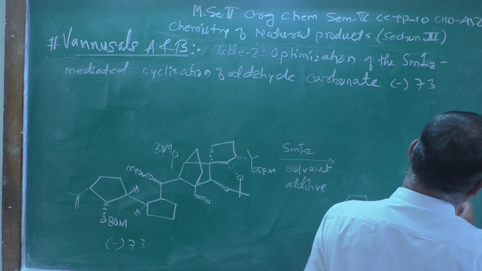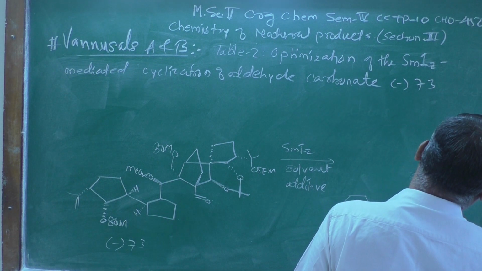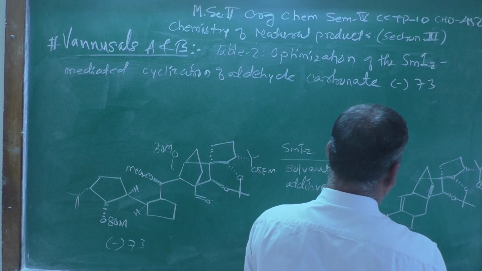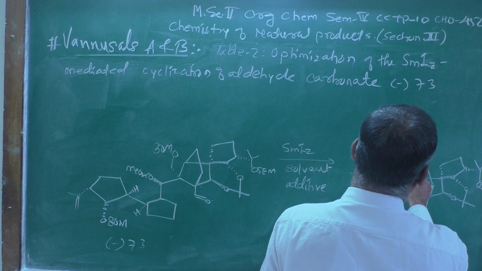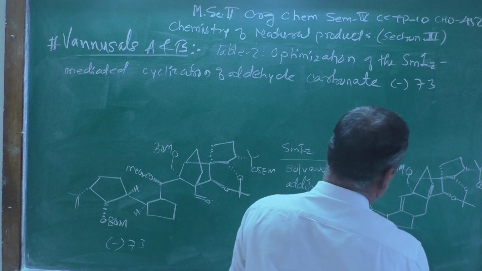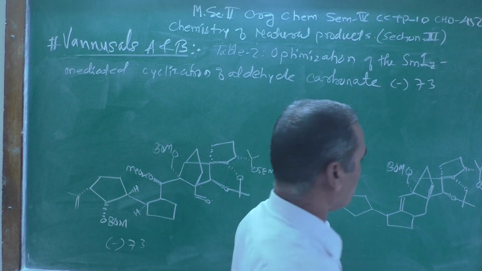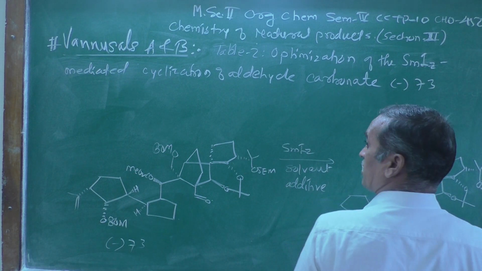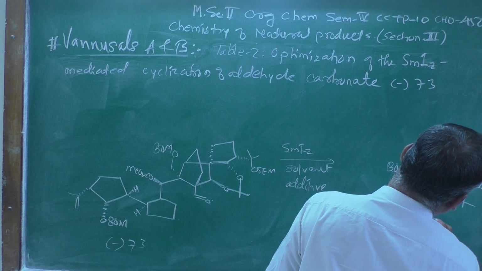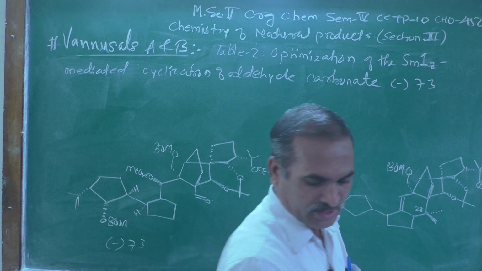Here this is the group which is protected, which remains as it is, and here the group which is attached is OBOM, and this is carbon number 28 which is shown like this. There are two groups which I have drawn like this.